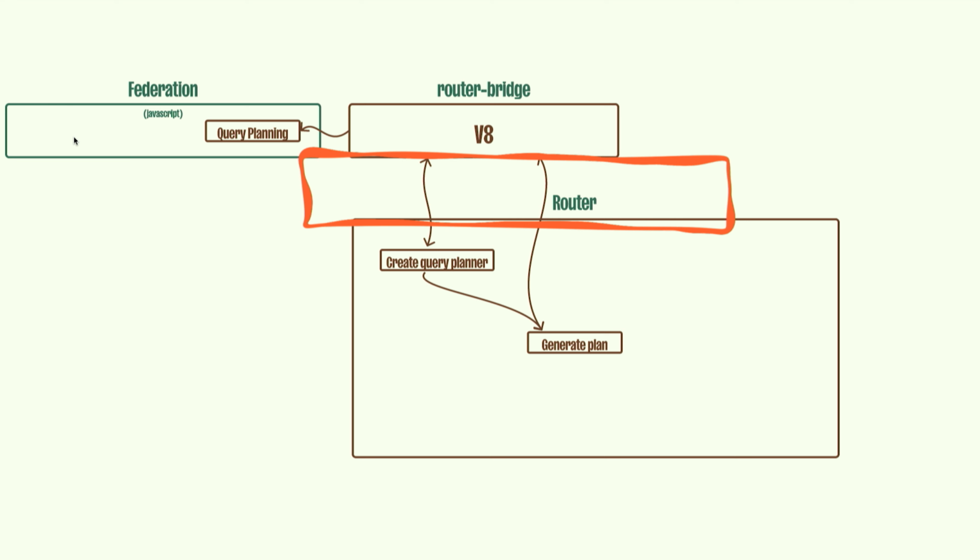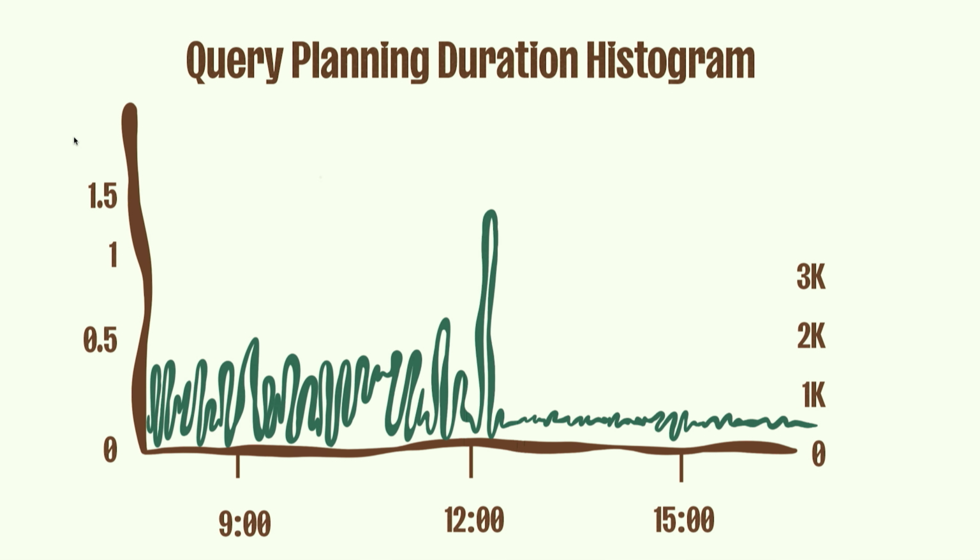You've got to serialize, you've got to deserialize. The bigger the schema, the more deserialization you do, and sometimes you have to do it twice. And that's really impacting query planning performance. In fact, a little bit of foreshadowing. Internally, Studio runs the router, and when we switched that over to use the Rust query planner, we saw a huge drop in query planning duration.